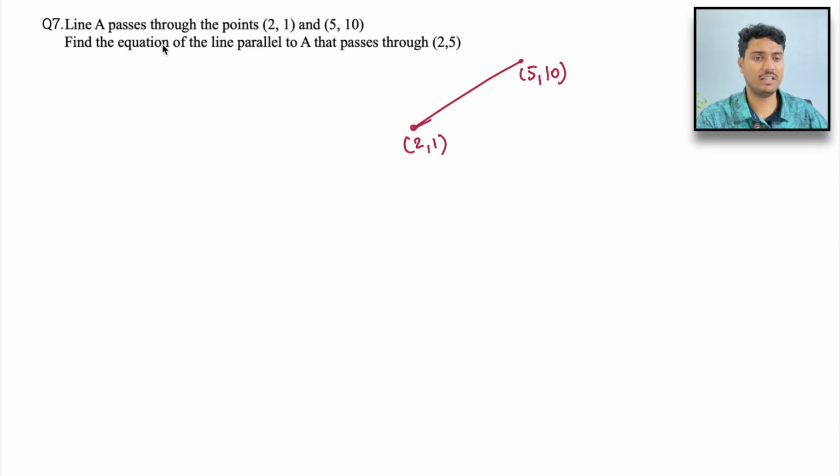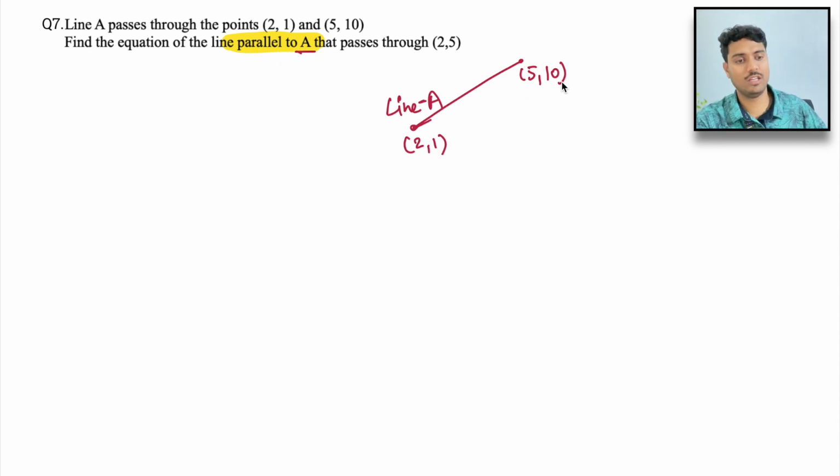It says find the equation of a line parallel to A. We have to find the equation of a line which is parallel to line A. Not coordinate A, this is line A. Parallel to A that passes through this.